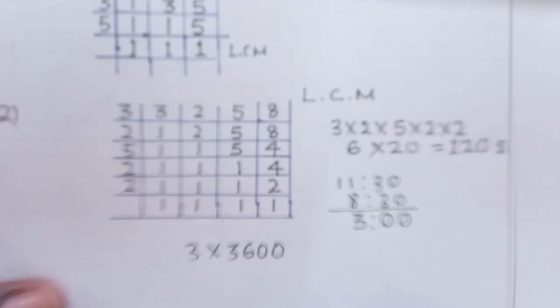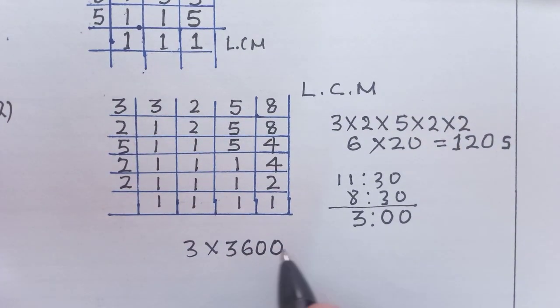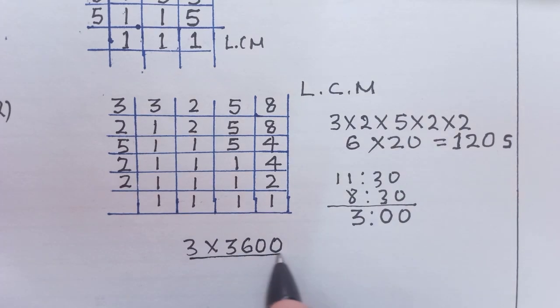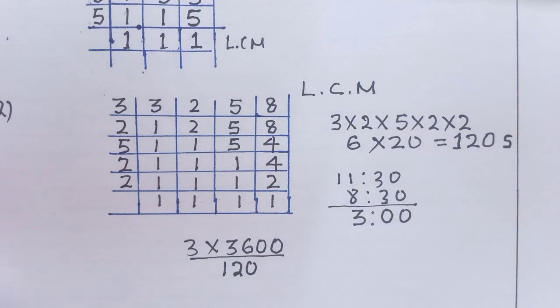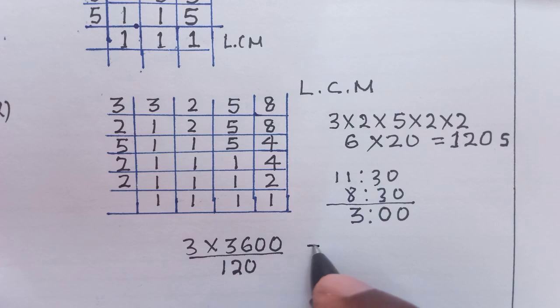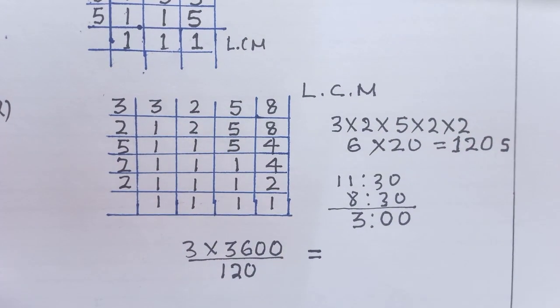So when we get this one, we can now divide by 120, so that we find how many 120 seconds are there in those hours. So these are now the number of times we expect these stars to twinkle together.